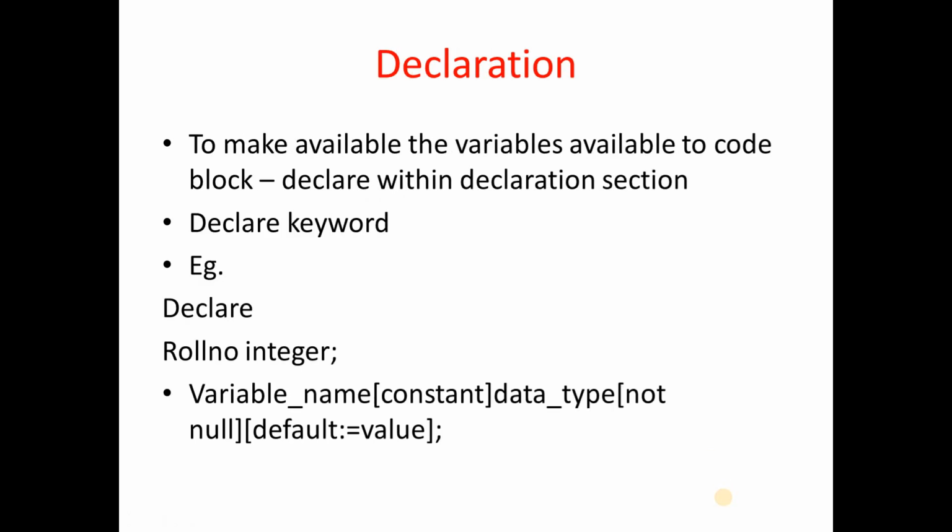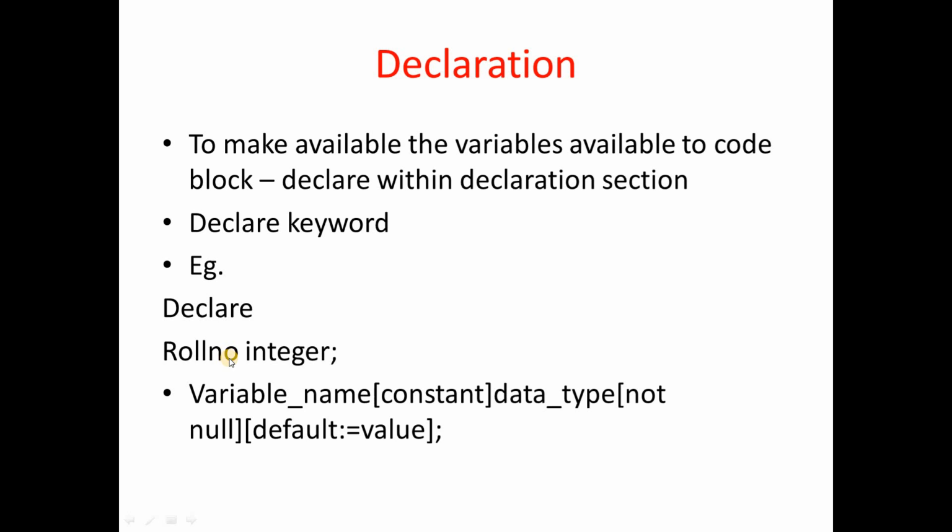I hope you understood variables. Then our declaration. So what is declaration? Let's see the example. In the declare section, we make the variable available in your code block. You have to declare that variable in the declaration section. The declare keyword is used to start the declaration section.